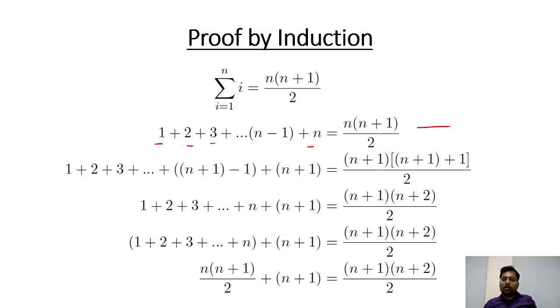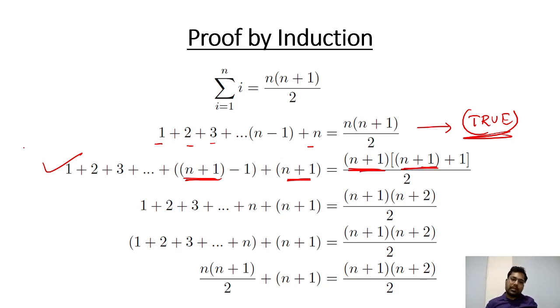We said it is true if it is running for n plus 1 time. So we have to run it for n plus 1 time, which means instead of n you put n plus 1, because you are saying n is true.